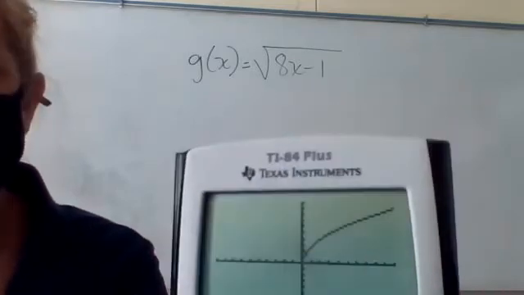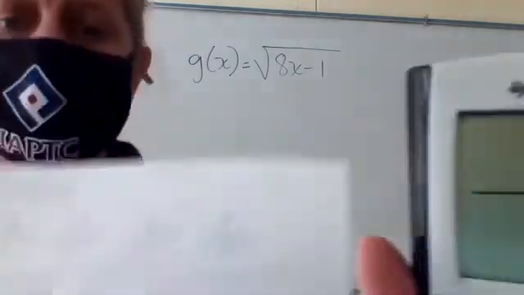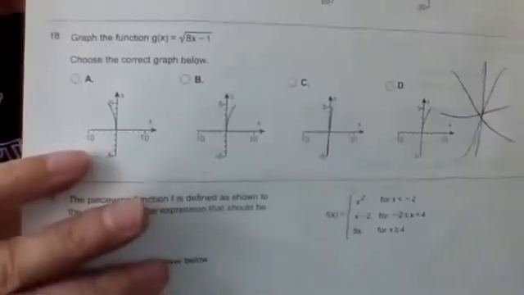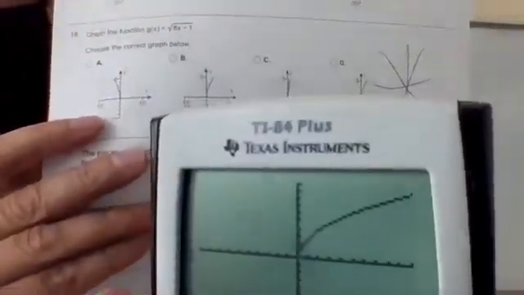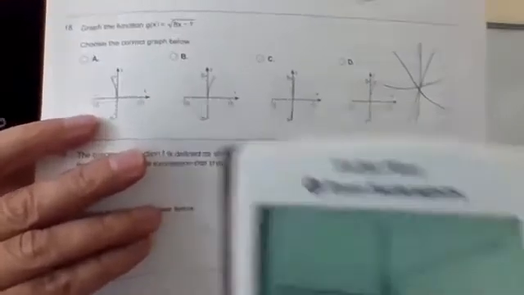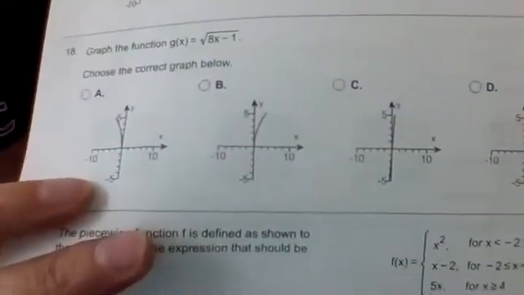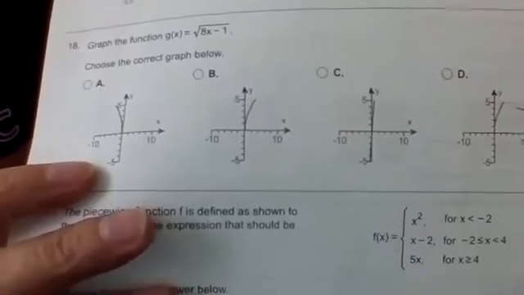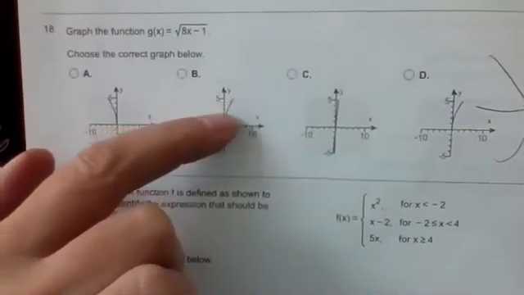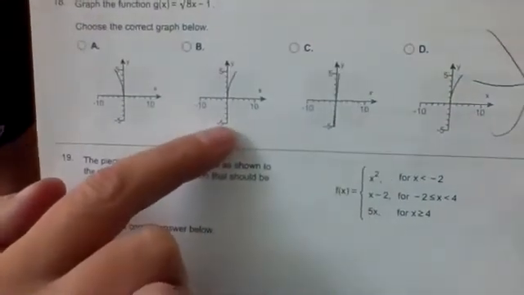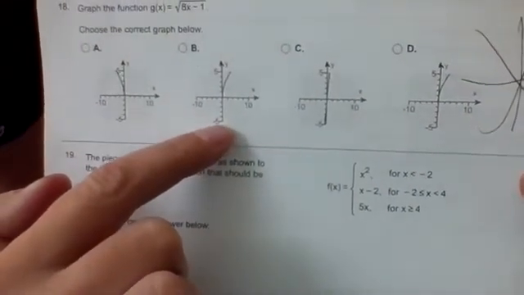So here's my graph. Look at the graphs you have to choose from. Here's why none of them look like this. Look on your y-axis. Look at the highest that these go. They go to positive 5. The lowest it goes to is negative 5.